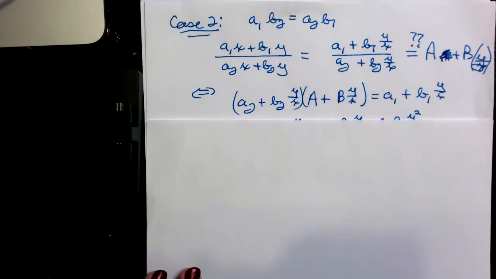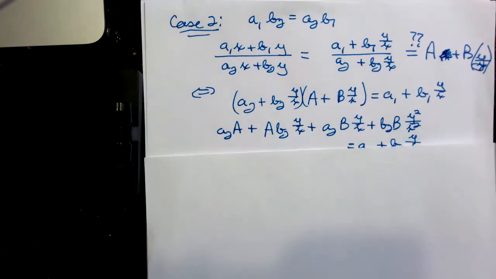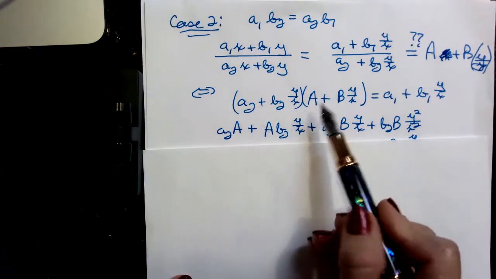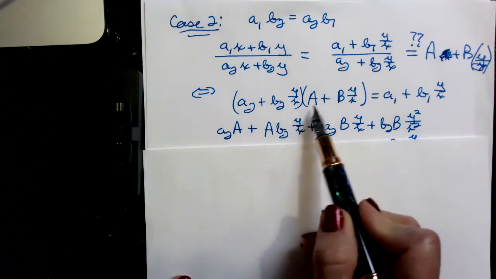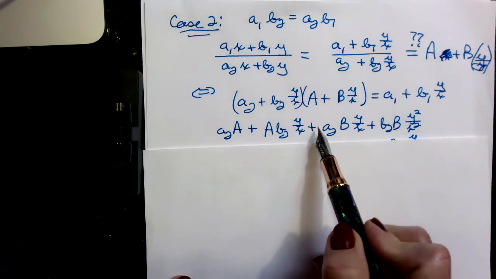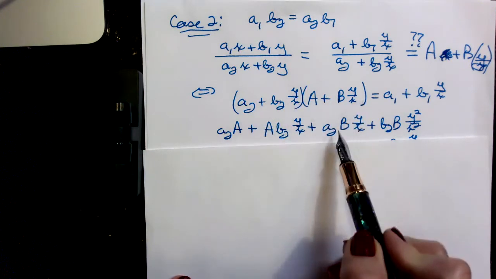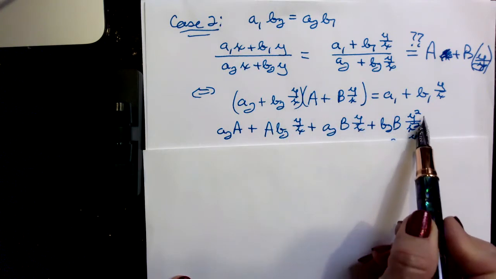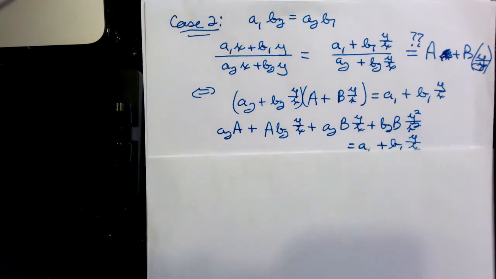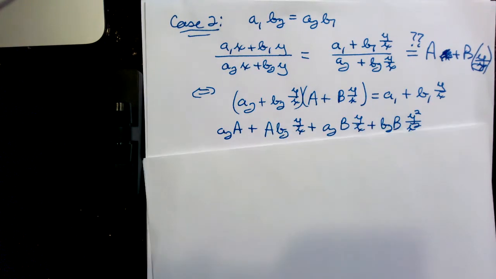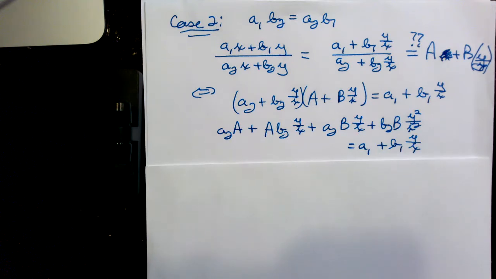All right, so let's multiply that out. When you multiply that out, you'll have a2a plus ab2y over x plus a2by over x plus bb2y squared over x squared, and that's going to be equal to a1 plus b1y over x.